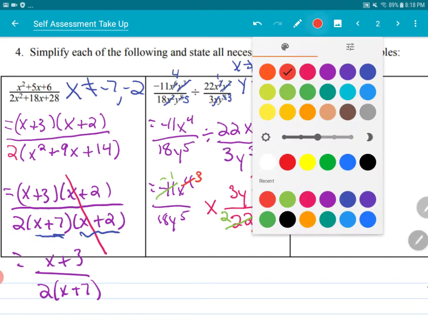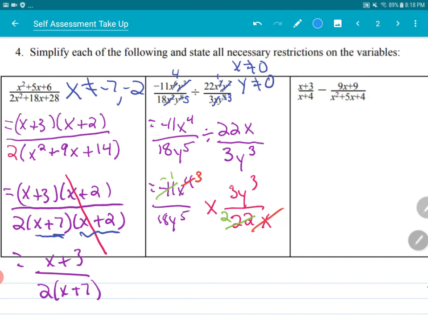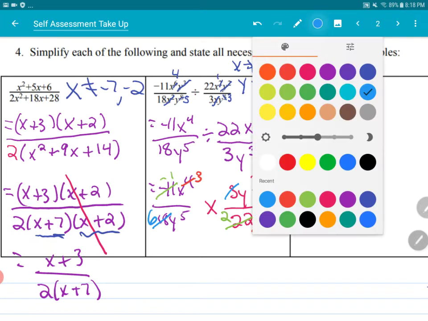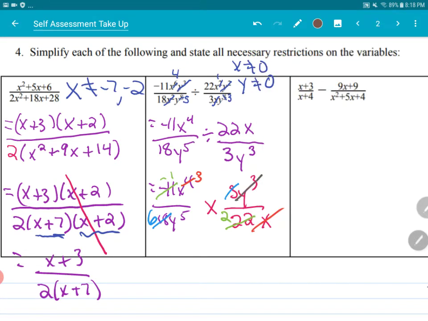Okay, we can keep going and say that there's a 3 over here in the numerator, and there's an 18 in the denominator over here. So 3 goes into 18 6 times, so there's a 6 left over. We've got y to the power of 3 here, and y to the power of 5. So I'm going to turn that into a squared, because there would be 2 y's left over.